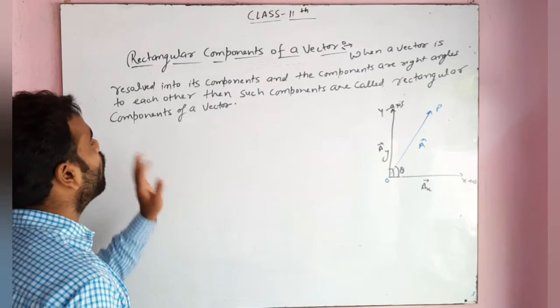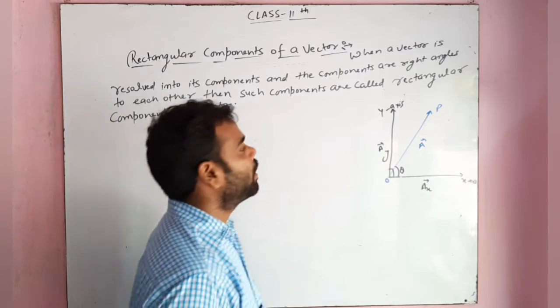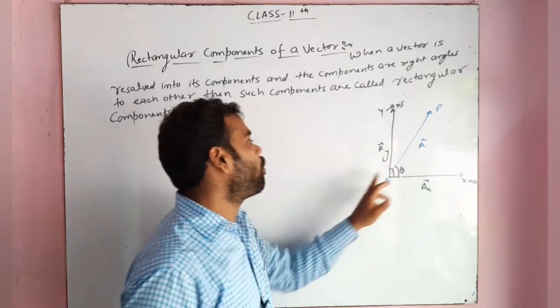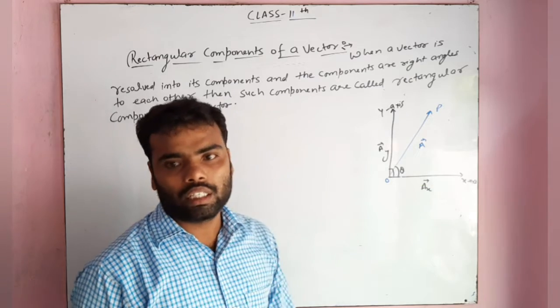So according to our definition, the vectors Ax and Ay are the components of the vector A.